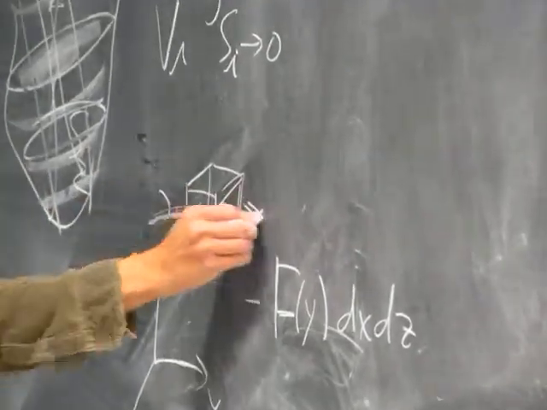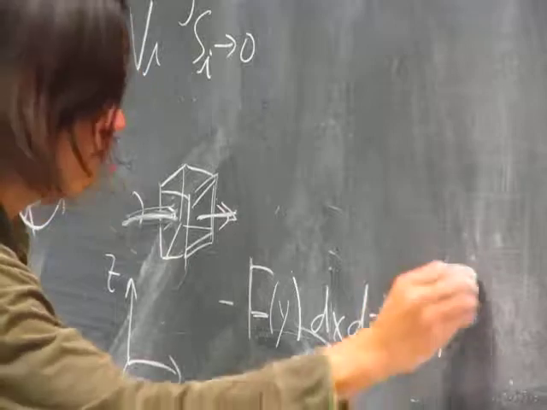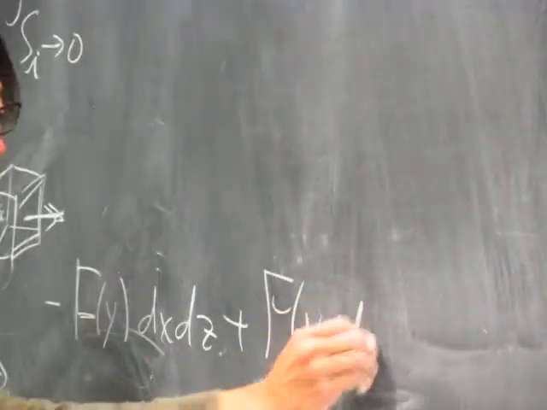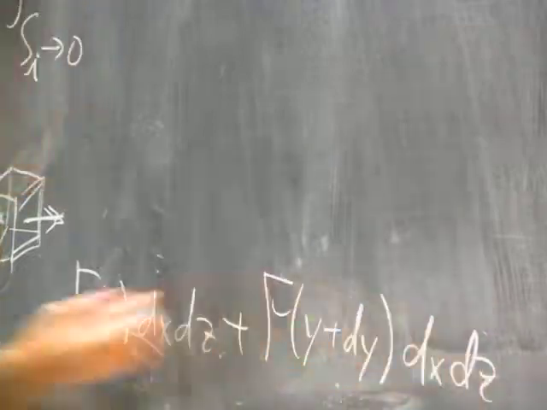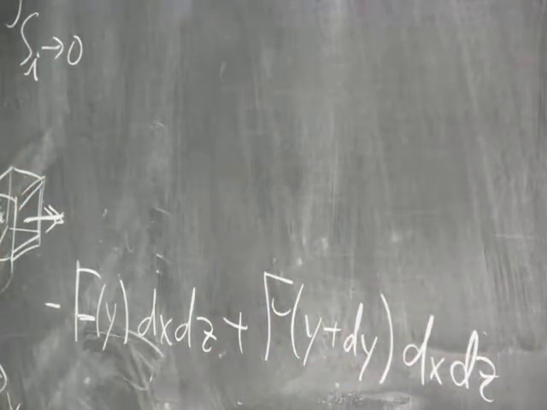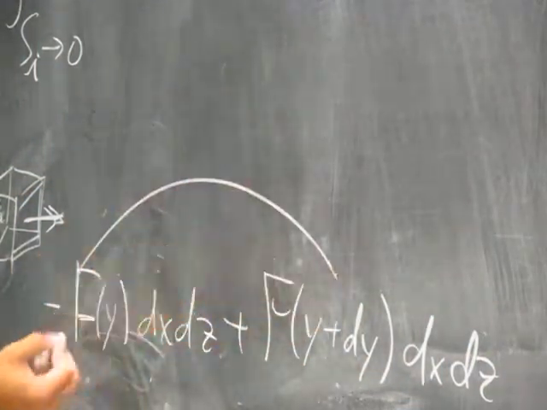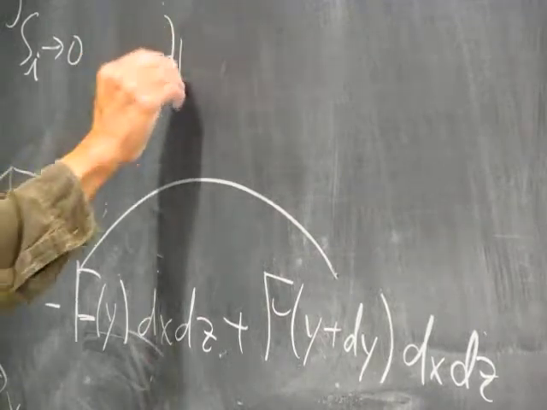Then there's another flux, with the plus sign, F at y plus dy, also times dx dz. But this difference is just dF.